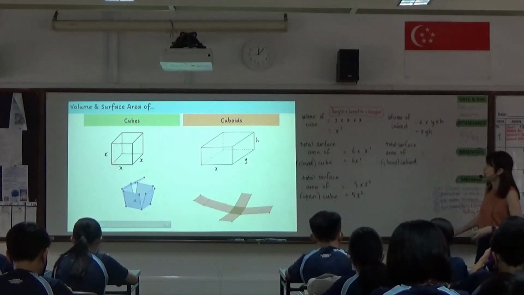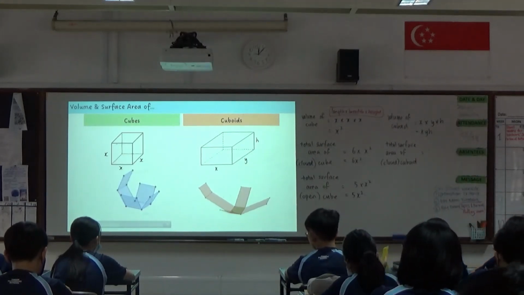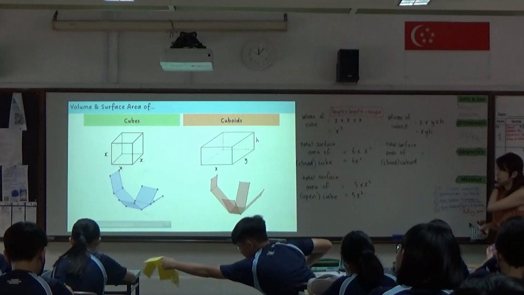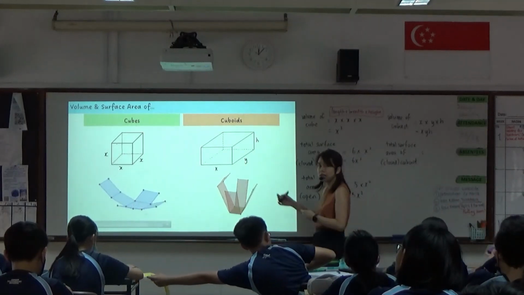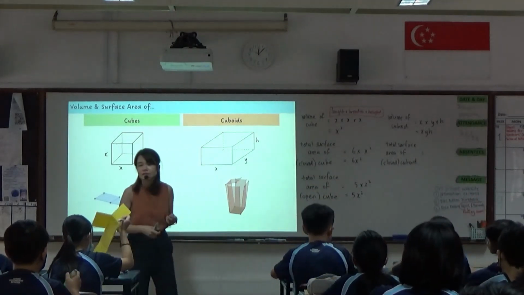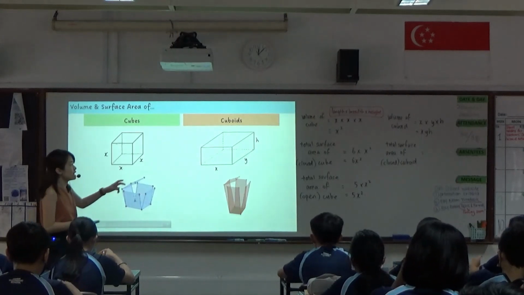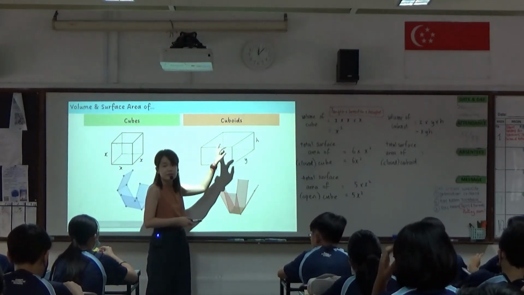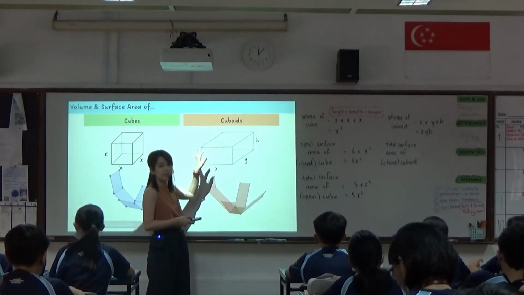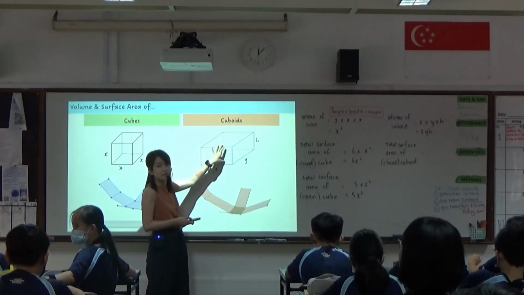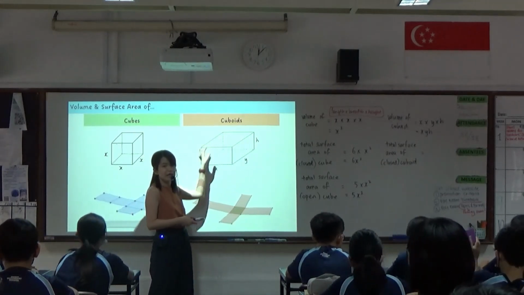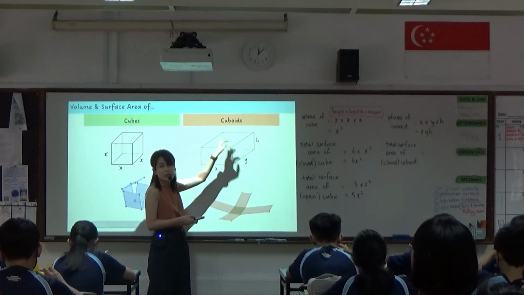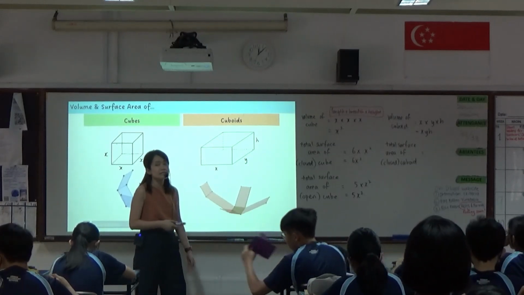a generic idea when it comes to total surface area of a closed cuboid. How did you all learn it in primary school for total surface area? Is it you all count every single side? The area of the rectangle, then times 2, front and back, then left and right, then top and bottom, right? So that's what we will do also.